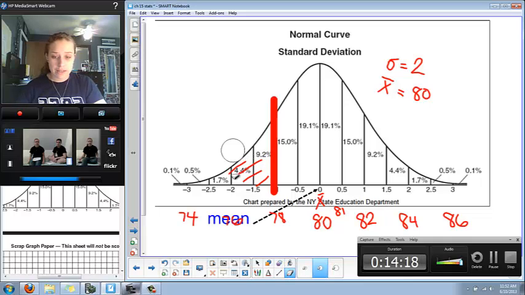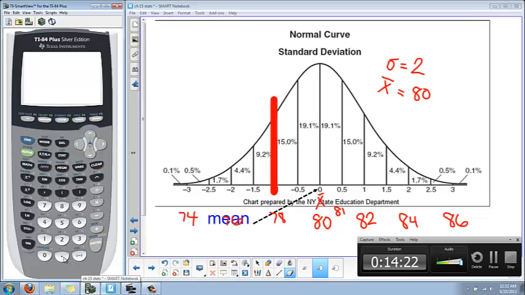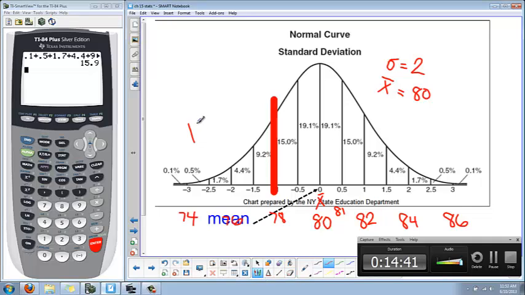So what if I take my calculator and I add up all those percents that are below that line? 0.1, 0.5, 1.7, 4.4, and 9.2. So this line right here represents probably about the 16th percentile.